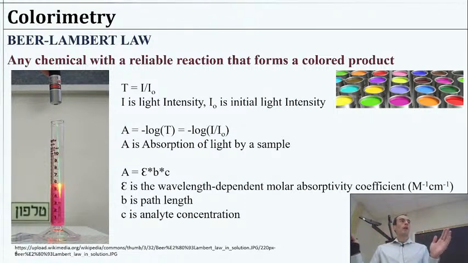This is actually kind of why we see different colors of sunlight at a sunset or a sunrise. What's happening is you have a long path length of the light interacting with the atmosphere.